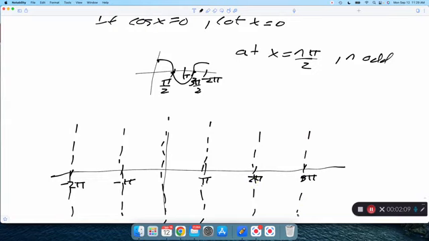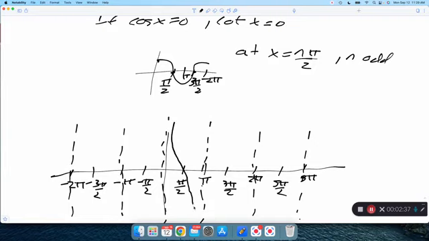And all of my crossings will be at the odd pi over 2's: 1 pi over 2, 3 pi over 2, 5 pi over 2, and including the negatives, negative 3 pi over 2. And remember, if I were graphing tangent, we would have a graph that kind of looks like this. Cotangent looks like that, but flipped over. It goes down instead of up.